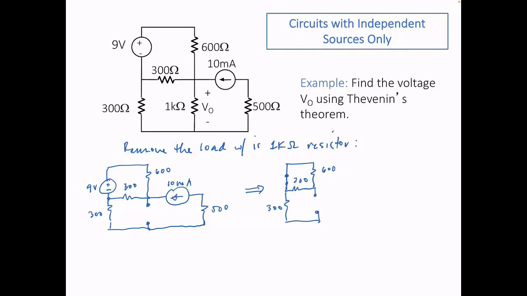So all you have to do is get R equivalent here, which is equal to RTH. That's just going to be 600 in parallel with 300 plus 300. So that's simple enough. Again, pwede mo lang gawin yan dahil itong lahat na to are independent sources.